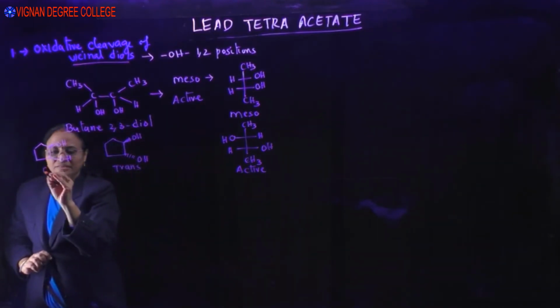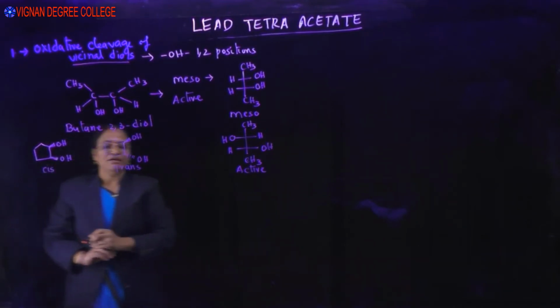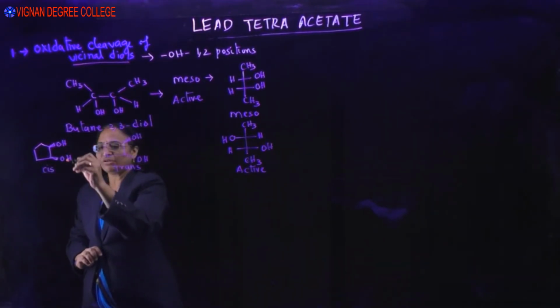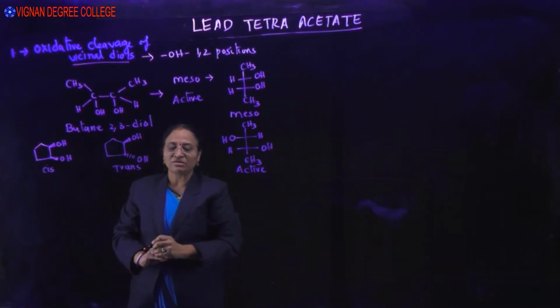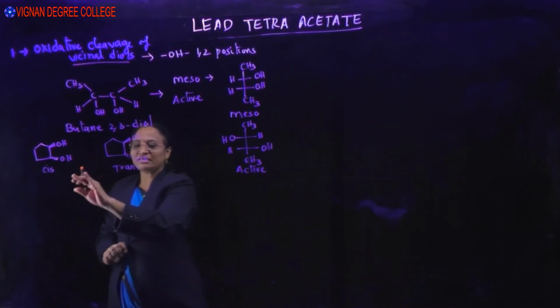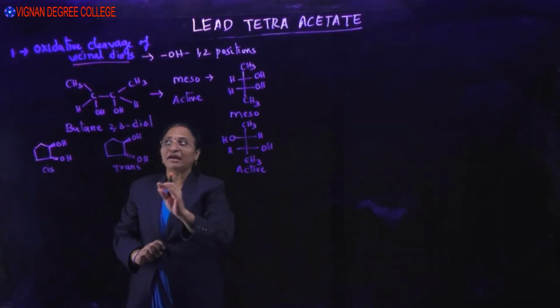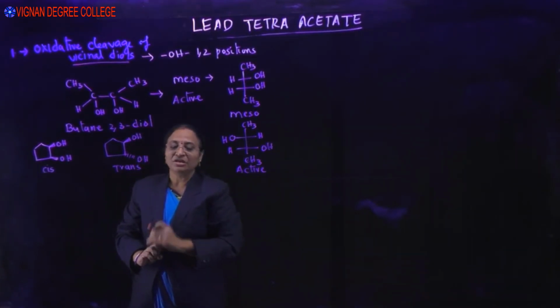In cis-diol, the two hydroxy groups are on the same side. In trans-diol, they are on opposite sides. Both cis as well as trans-diols can undergo oxidative cleavage to give the corresponding carbonyl compound using lead tetraacetate.